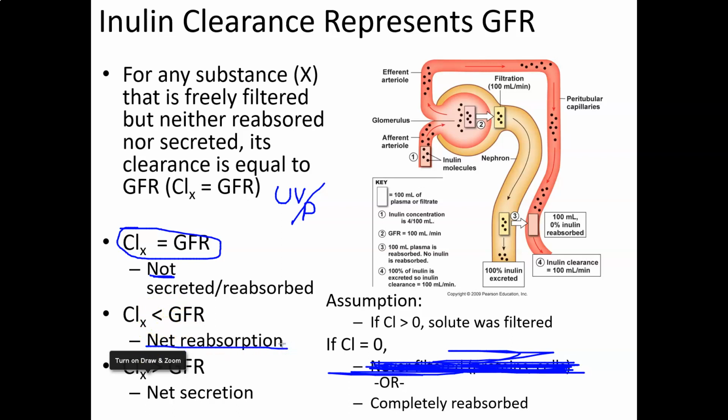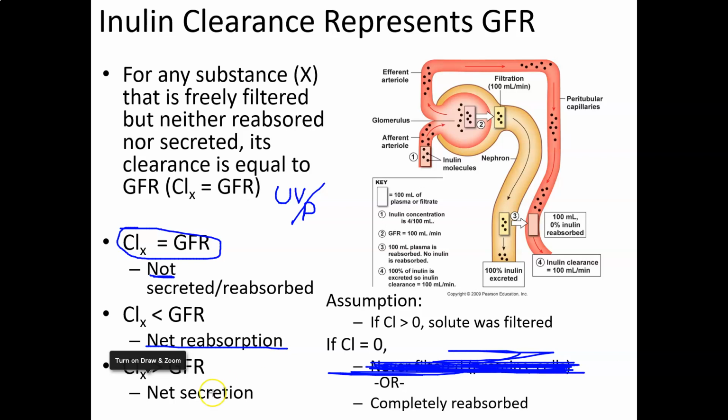It means that some of the material, as it moved through the tubules, was reabsorbed. We've mentioned this before, but the primary portion of the nephron that handles reabsorption is the proximal convoluted tubule. So we have net reabsorption in that case, and more than likely in the proximal convoluted tubule.